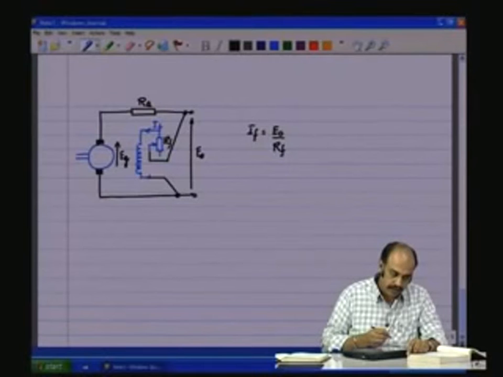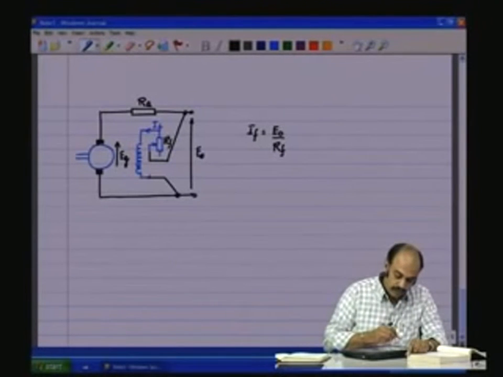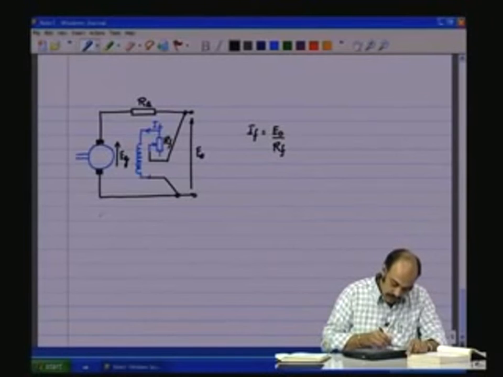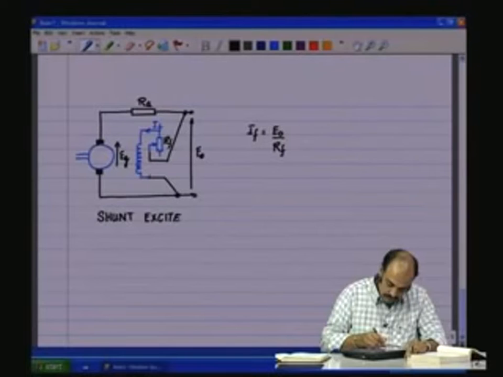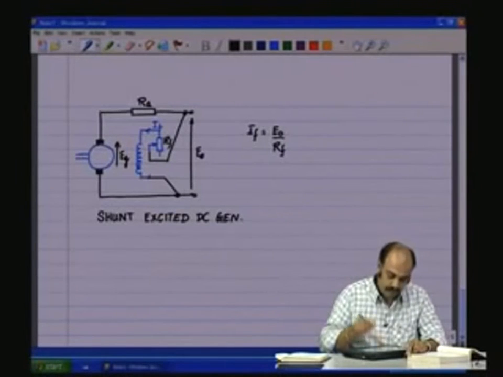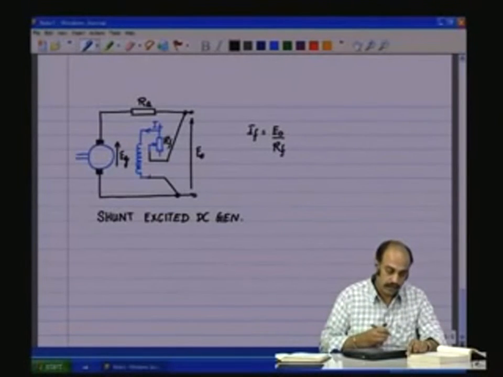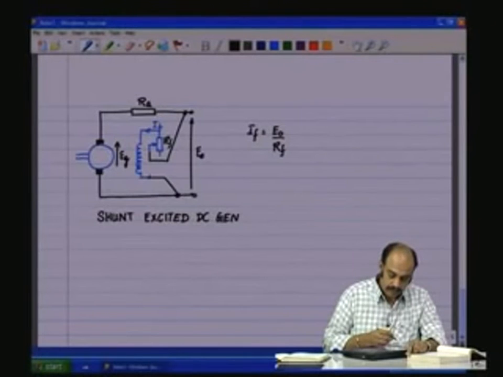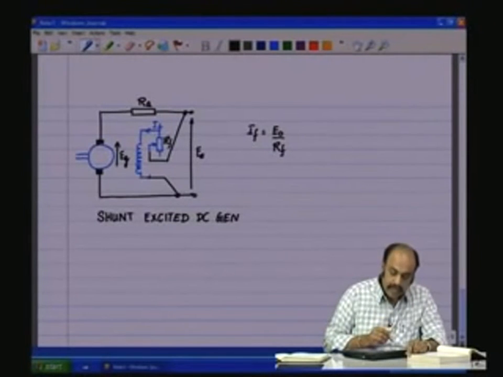Which determines the field current and therefore the flux. Now, this is a shunt excited DC generator, shunt excited DC generator. So, under load what happens?